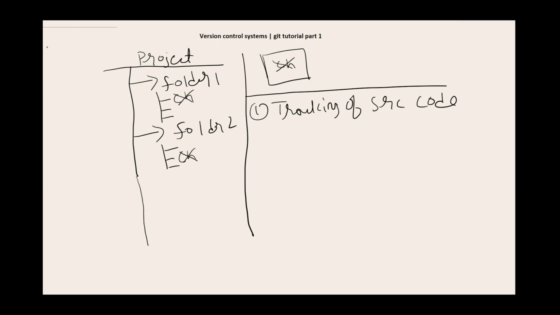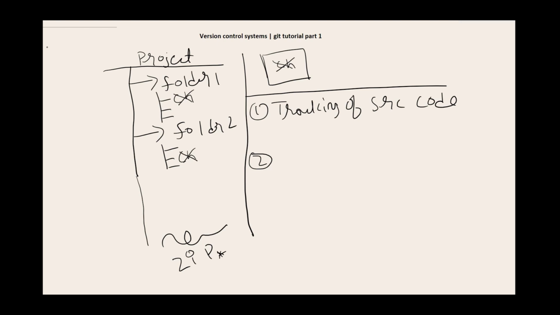The second problem is this: you start your application on your own in the initial days, and after some point of time you want your friends' help. So you want them to start working on your project. They need your source code to make changes in it and to add extra functionality. So you zip this whole directory and give the zip file to your friends, and your friends unzip it and start working on it.